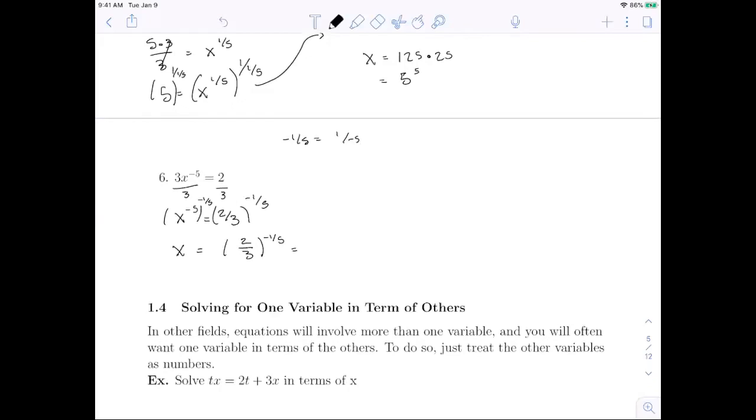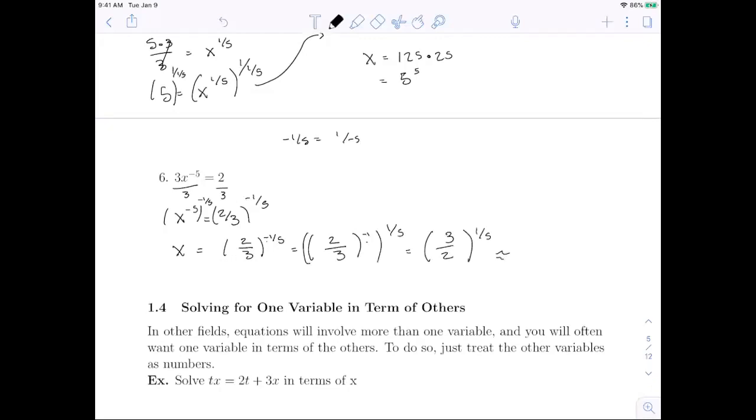Would you guys agree that I could write 2/3 to the -1 and then to the 1/5? Right, I can pull that negative inside, kind of like reversing this rule. And then if I have something to the -1, I just flip it. So I'm going to have 3/2 to the 1/5.